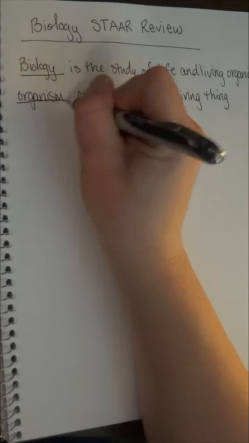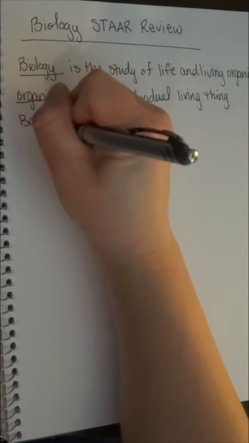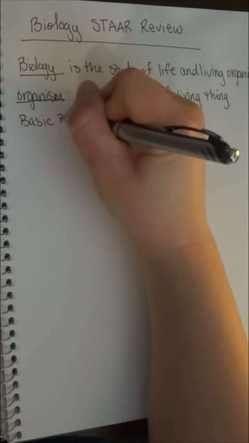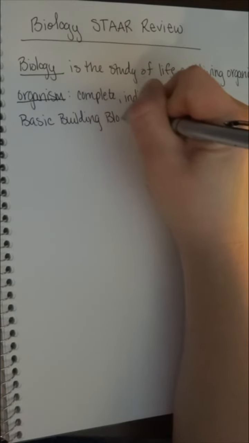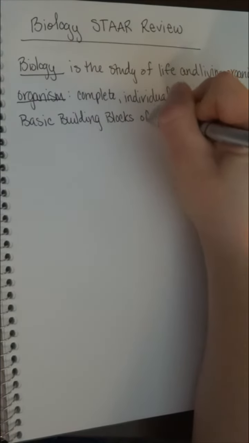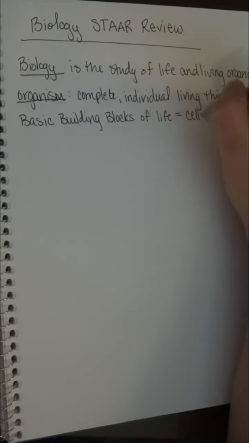So all organisms are made up of the basic building block of life. And the basic building blocks of life are cells. And that is what we're going to be talking about today. So organisms are made up of cells.